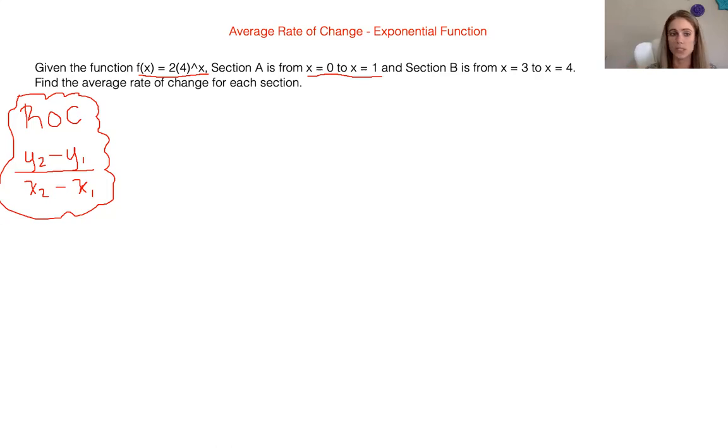If I substitute 0 in, instead of f of x, it is f of 0, and that is equal to 2 times 4, and since I'm substituting, instead of being raised to the power of x, it's raised to the power of 0. When I go to simplify this, I need to follow order of operations, so PEMDAS.